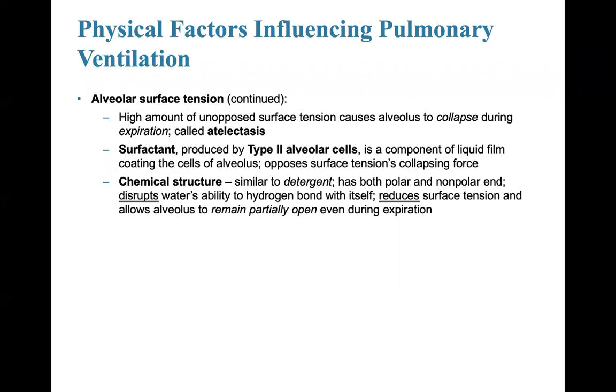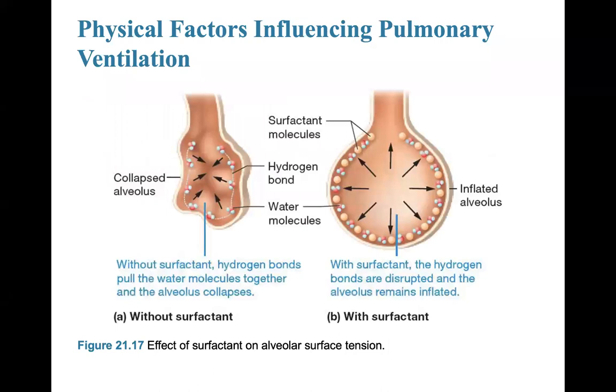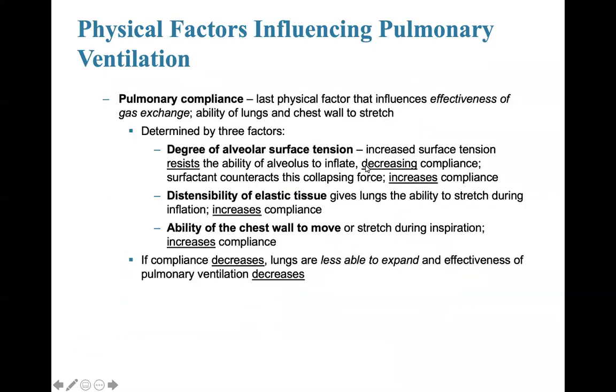It has both polar and nonpolar ends, and it disrupts the water's ability to form hydrogen bonds with itself, therefore reducing the surface tension and allowing the alveolus to remain partially open even during expiration. Without surfactant, you get this complete collapse here. With surfactant, you're able to maintain the openness of these alveoli.